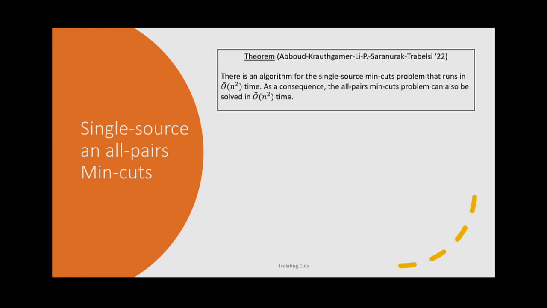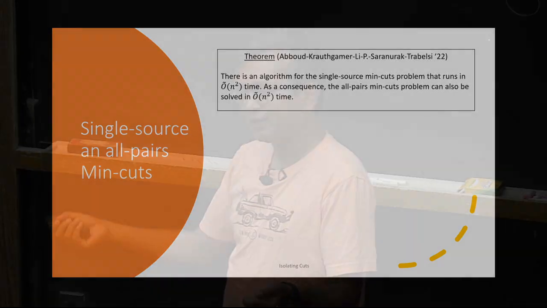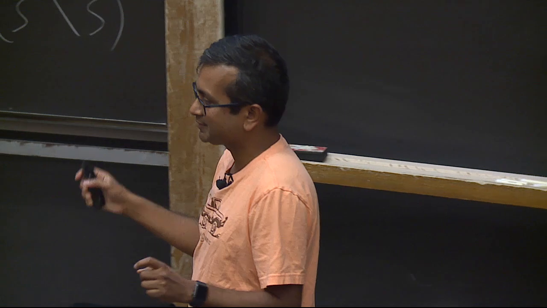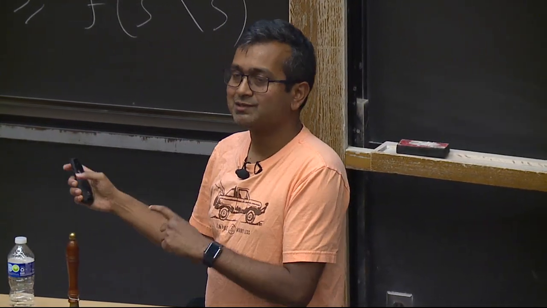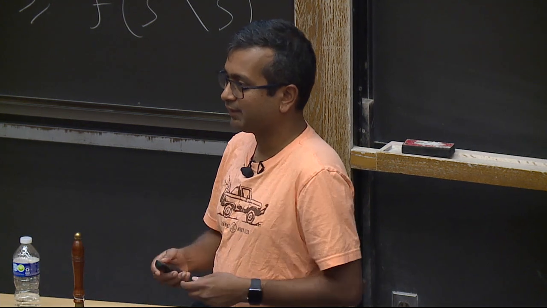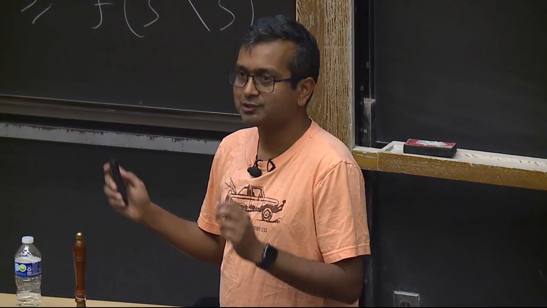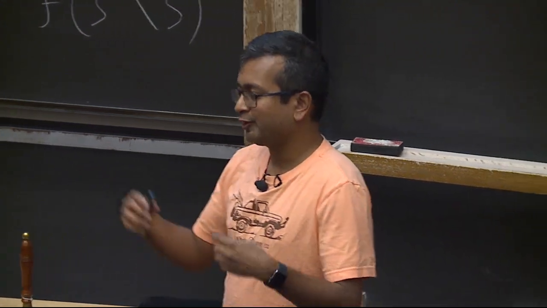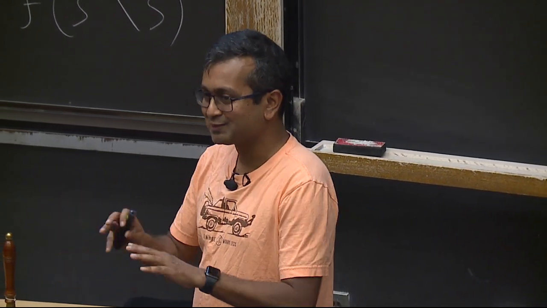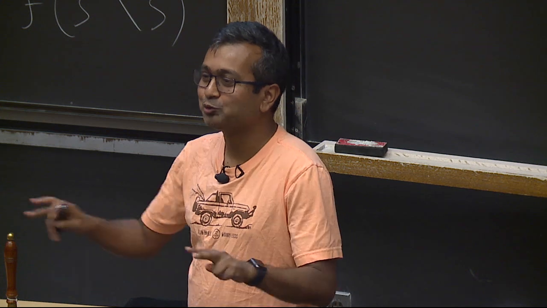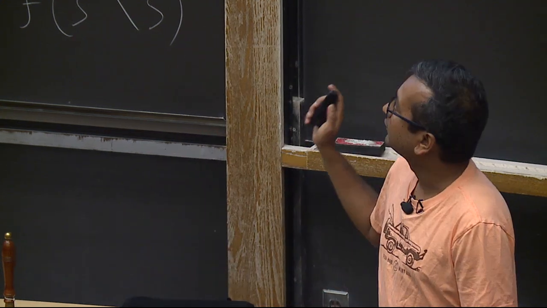This does not only rely on isolating cuts, and that's one of the reasons I didn't want to put the details of this algorithm in the talk. It does use isolating cuts, but deep down in the algorithm in some particular situations. But I'll give you a very high level 2-minute overview of what this algorithm is doing. This is not going to do justice to the algorithm at all.